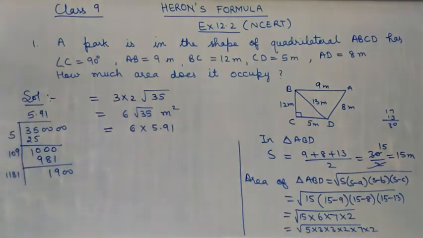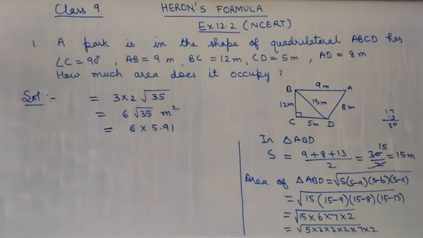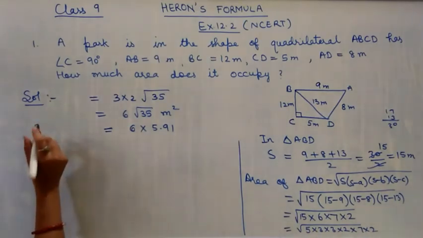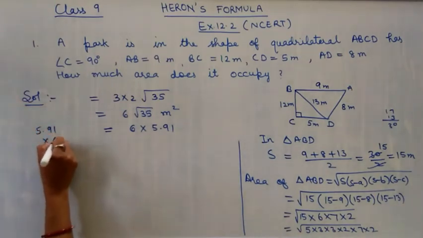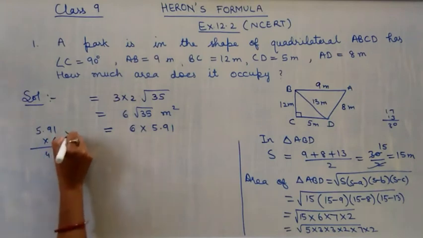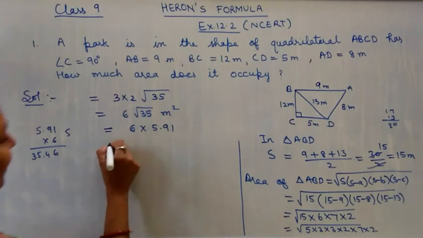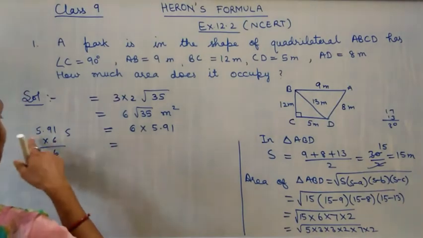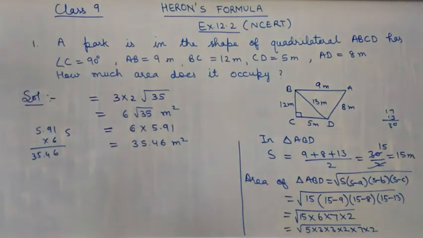Now I will multiply 5.91 with 6, which gives 35.46 meter square.